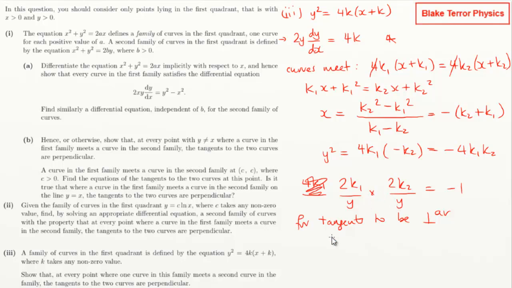Okay, so we've got 4k1 k2 divided by minus 4 k1 k2 equals minus 1. So success. Yay. Or QED might be a more conventional way of rounding that off.